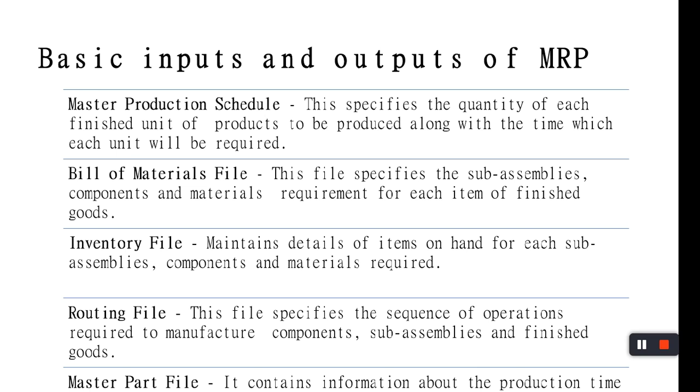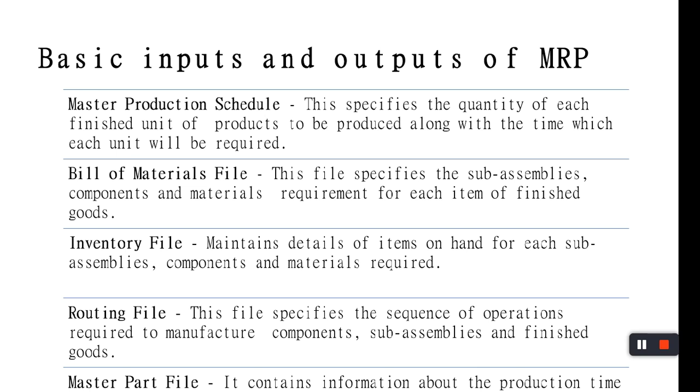Okay, and then we have bill of materials file. So the bill of materials will specify the sub-assemblies, components, and materials requirement for each item of finished goods. So for example, our company is into manufacturing bicycles. Okay, so imagine a bicycle. What could be an example of a material or a component that will be used in order to produce one bicycle?